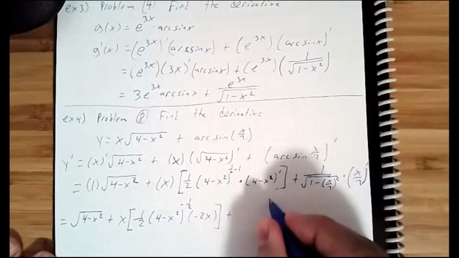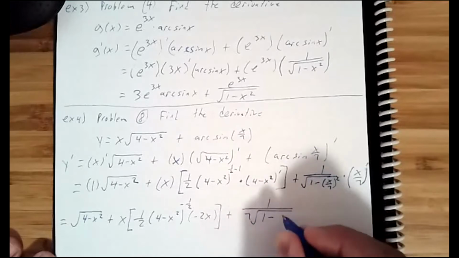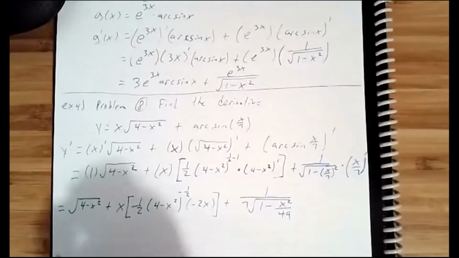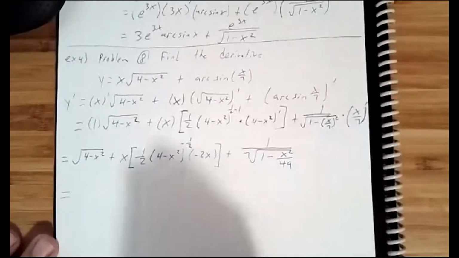So now we have 1 over 7 times the square root of 1 minus x squared over 49. You guys still with me up to this point? Okay.